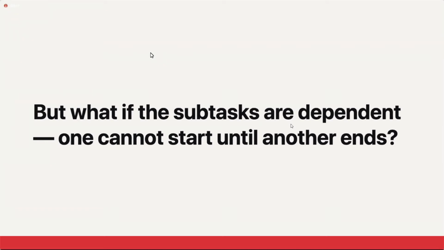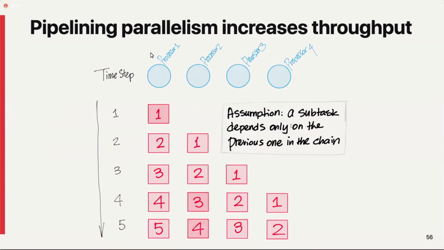You're going to have to do something else. There is a very old and traditional idea, and that is pipelining. In fact, it is as traditional as parallelism without pipelining, but it is easily forgotten. So what is pipelining?